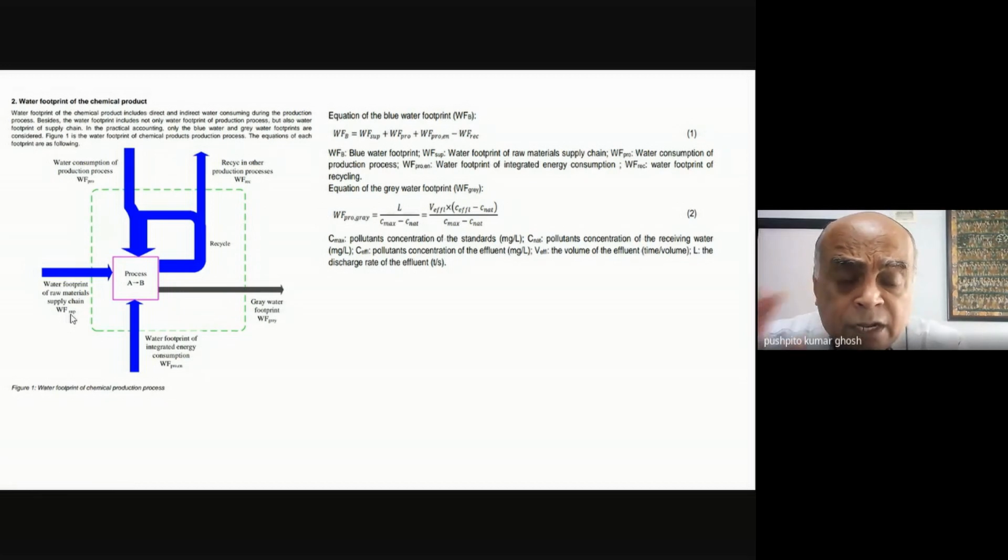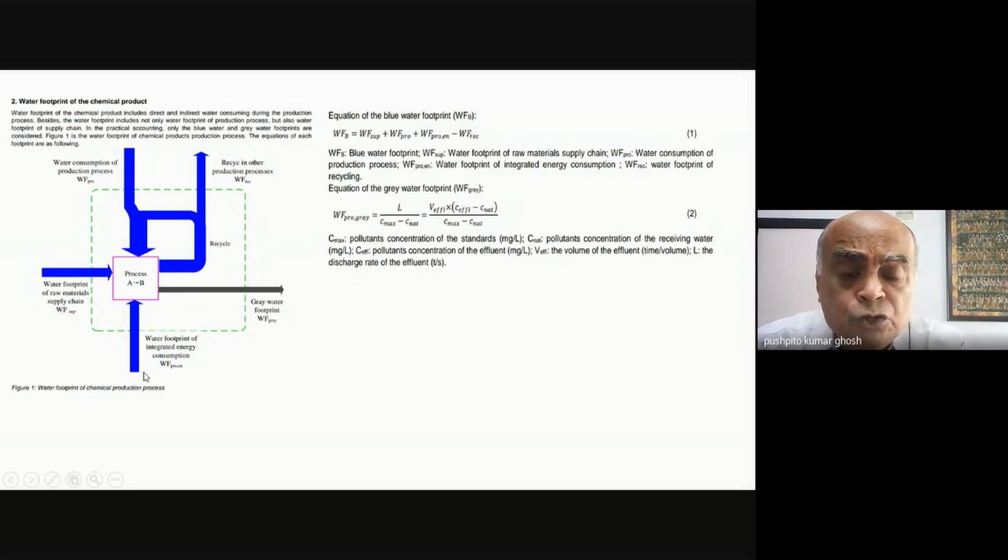And for that, you need to go back and say, if you start producing something using soda ash, we know that in the production of soda ash, water is consumed. Then I have to account for that water. How many tons of soda ash did I use? How much water would have been required? And I have to be responsible for that because I am using that soda ash. So that's what is meant by WF sub.